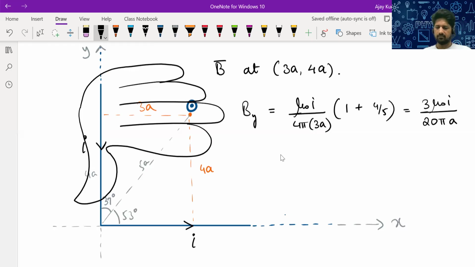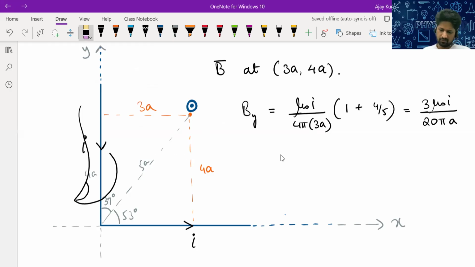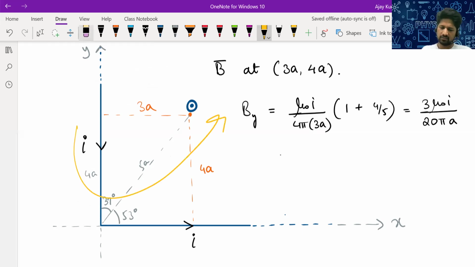Thumb is fine, but for the other fingers, the nails are on the back side. If you curl your fingers, the fingers will turn out of the screen. Anyway, for me, using I dl cross r is easiest. I dl is this way, r is this way. Curl your right hand fingers in this sense, thumb will point out of the screen. Pawan, is this clear?